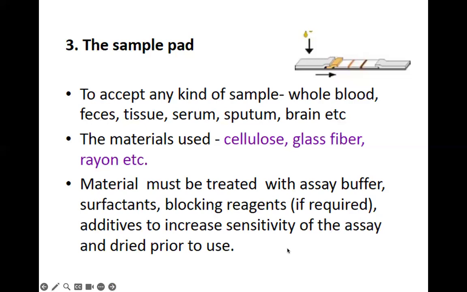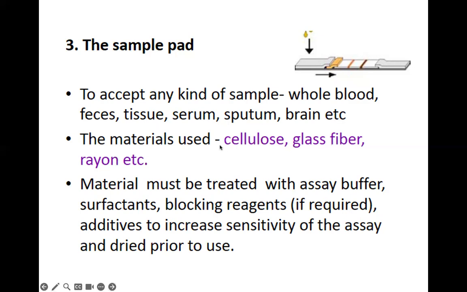Right, the sample pad. Back to the sample pad, after talking about the conjugate and gold nanoparticle. The sample pad is where you put the sample, to accept any kind of sample: whole blood, feces, tissue, serum, sputum, any sample that you can think about. Sometimes it can also be used for drug detection.